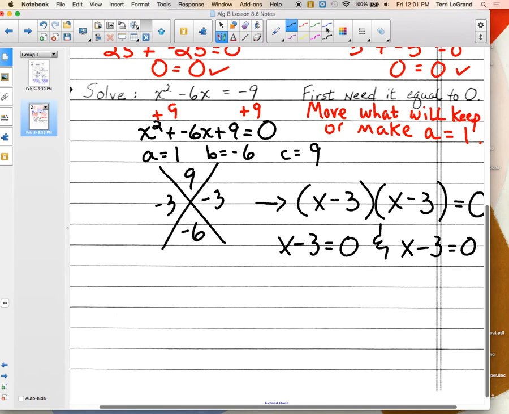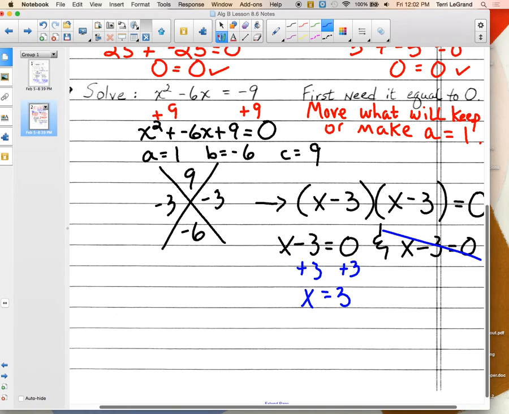So when the factors match, when they are exactly the same, you do not need to do it twice. Tell me what the graph would show here. The vertex is going to be on the x-axis. The vertex is the 0. There's only one 0, only one solution. This is one of those graphs where the vertex is sitting on the x-axis.